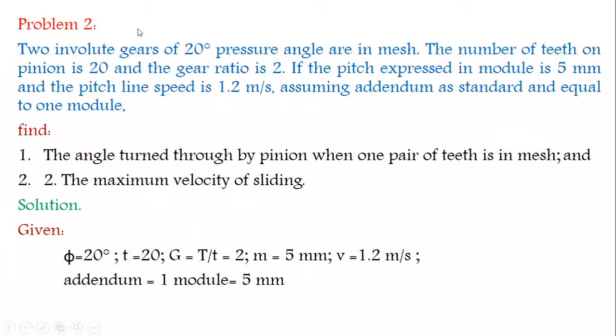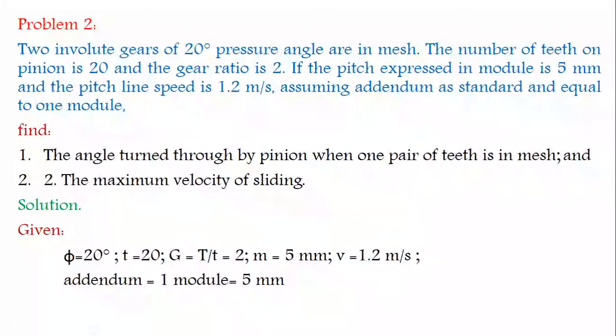Problem 2. Two involute gears of 20-degree pressure angle are in mesh. The number of teeth on the pinion is 20 and the gear ratio is 2. If the module is 5 millimeter and the pitch line speed is 1.2 meters per second, assume addendum as standard and equal to 1 module.